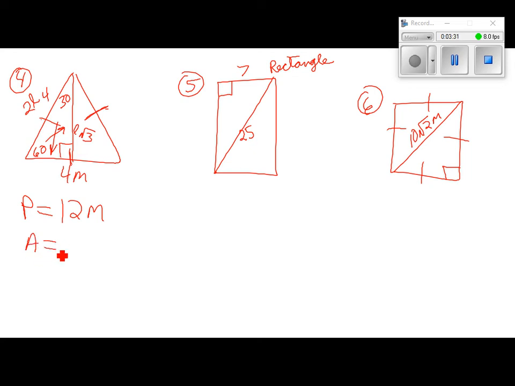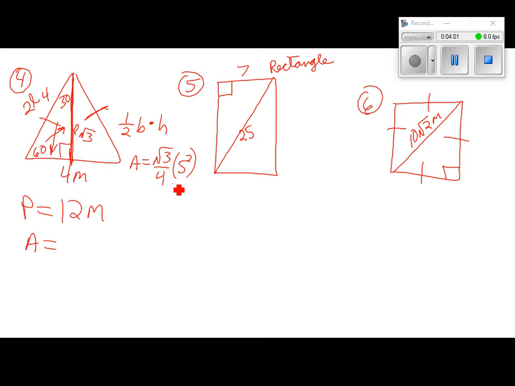The other way you could find the area, because you could use 1/2 times base times height. Well, we'd have to draw in that altitude, like I was saying, to find the height. Or you could use the formula that's on the formulas packet for an equilateral triangle, which is area equals the square root of 3 divided by 4 times s squared, where s is the length of a side.